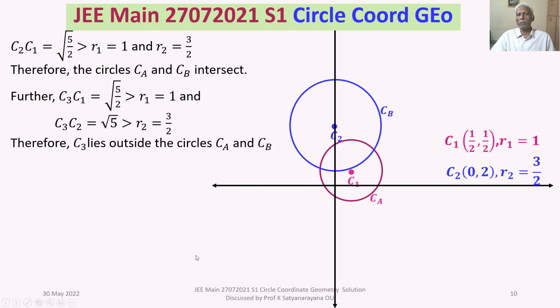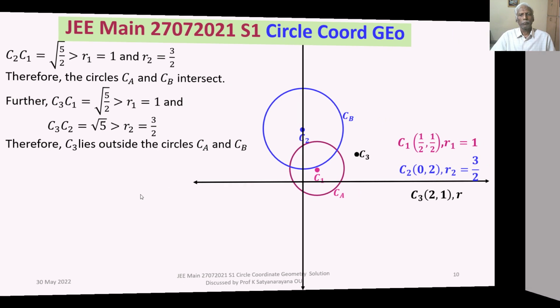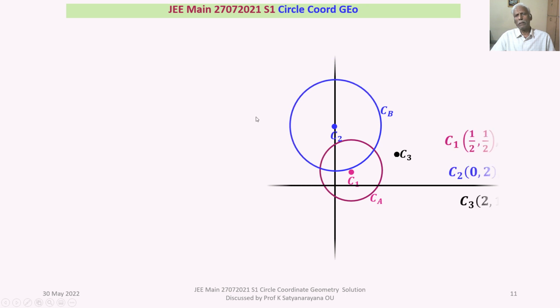Therefore, C3 lies outside CA and CB. So C3 lies here. That is the pictorial representation, roughly.